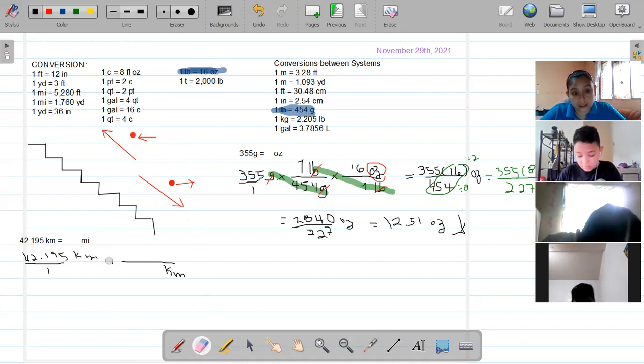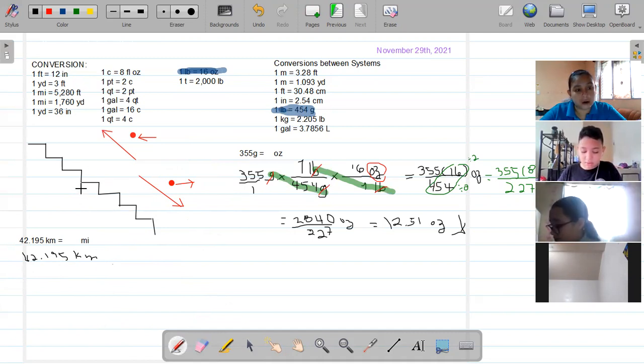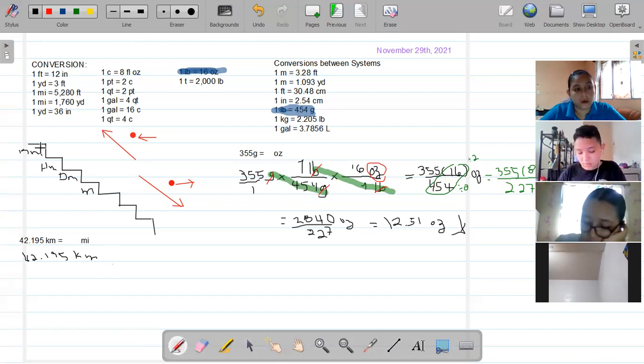So I'm going to erase this because I don't need it right now. And I'm going to change this kilometers to meters, okay? So I'm going to use my spheres. Remember, meter goes in the middle. Over here, I got decameter, hectometer, and kilometer. Okay, so I'm going from kilometer all the way to meters.